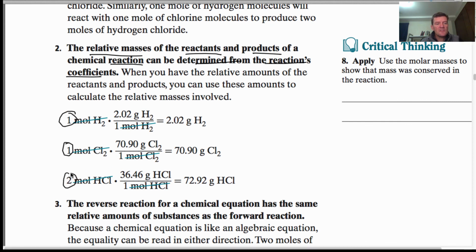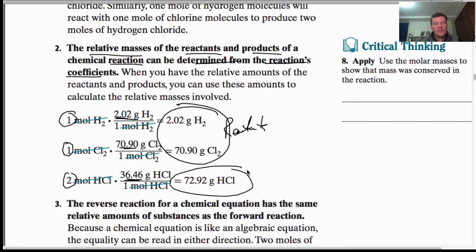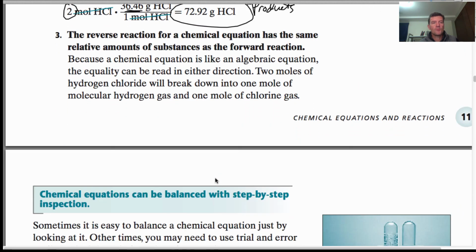These are the coefficients right there for each of the molecules, multiplied by the respective molar mass to give you the total mass of the reactants. These are the reactants over here, and then the total mass of the products. And these two, the reactants added together, is going to give you the same as the products. Okay? Or product, there's just one.